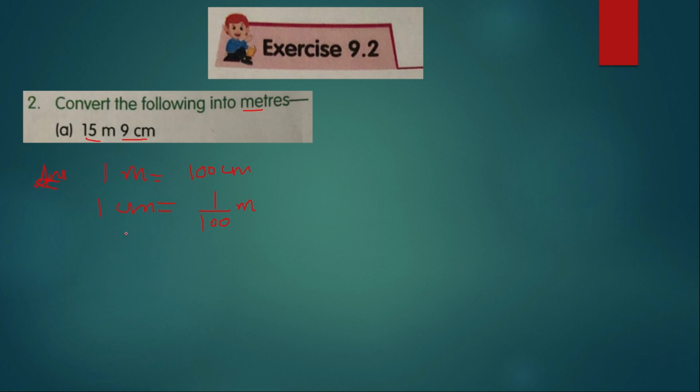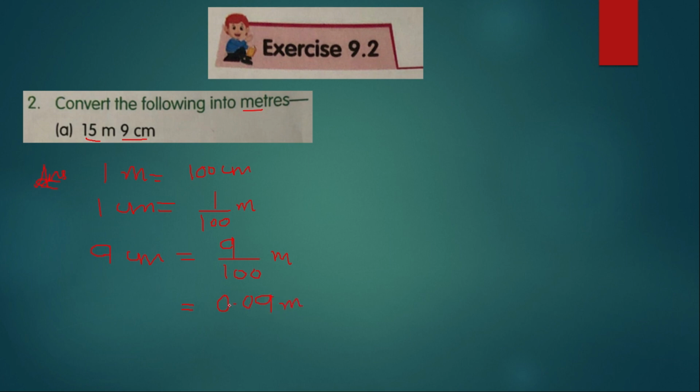So now we know it is already in meters. We have to convert the 9 centimeter. So 9 centimeter will be equal to 9 upon 100 meters. So this will be 0.09. You all know how I did it? By inserting the decimal.